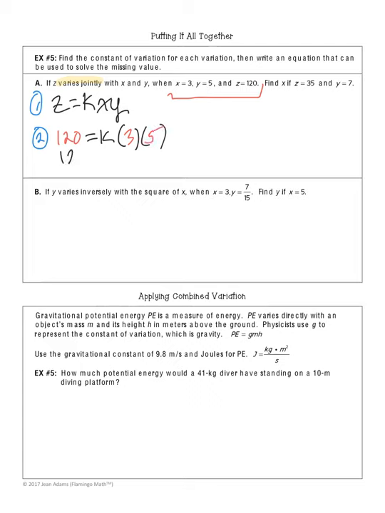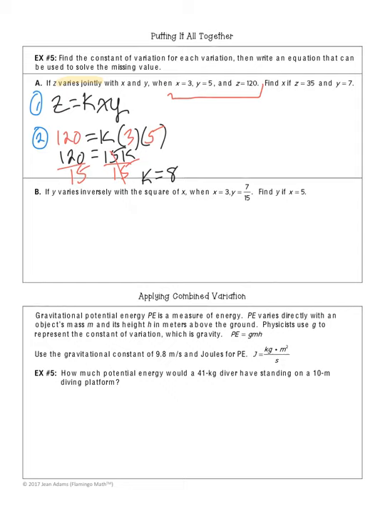So I get 120 equals 15k, divide by 15, divide by 15, and so k is equal to 8.